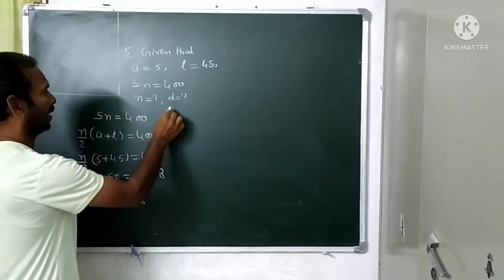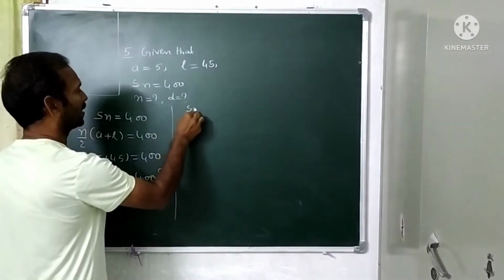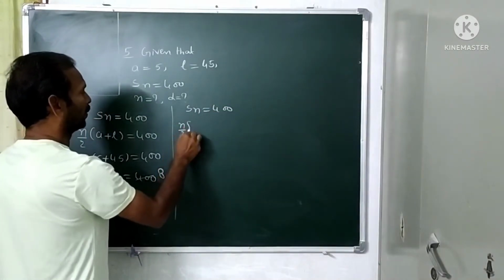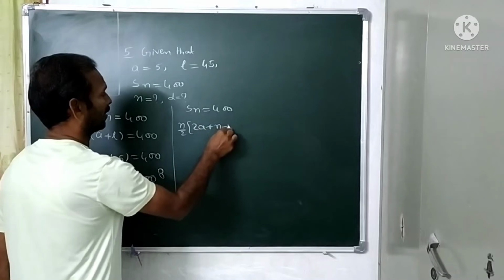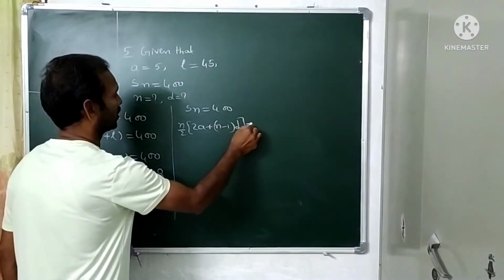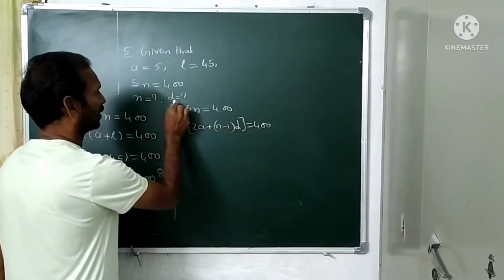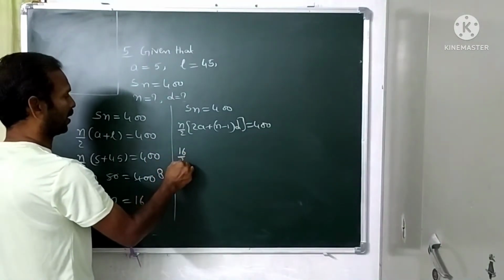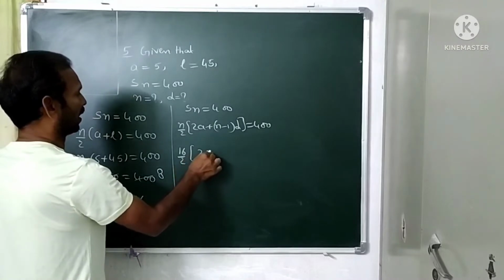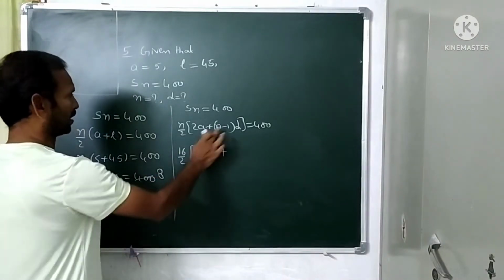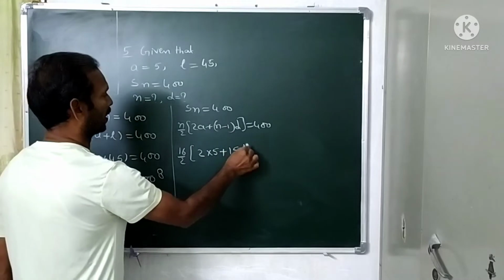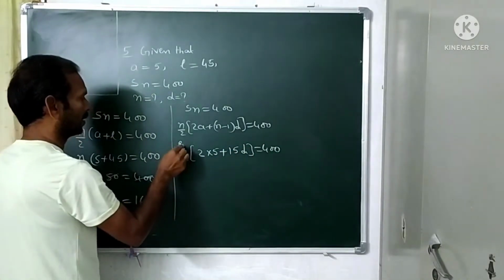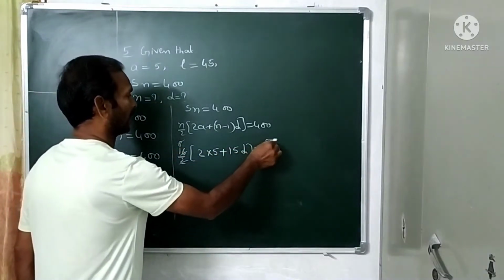One completed here. Again the same problem I am doing. Sn is equal to 400. Sn formula: n by 2 into 2a plus n minus 1 into d equals 400. This time for calculating d, I used this formula. n value already we got here. 16 by 2 times 2a plus 16 minus 1, 15, into d equals 400. 2 cancel here, 8 times, 8 cancel here, 50 times.